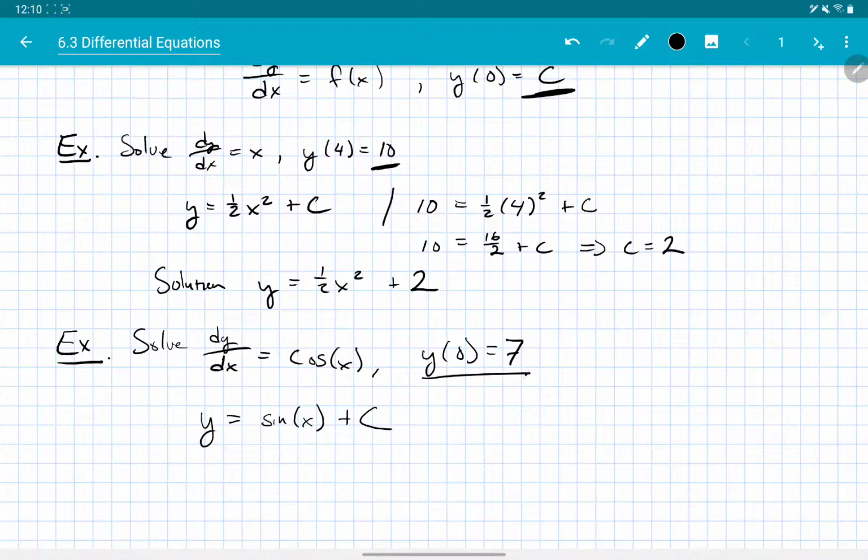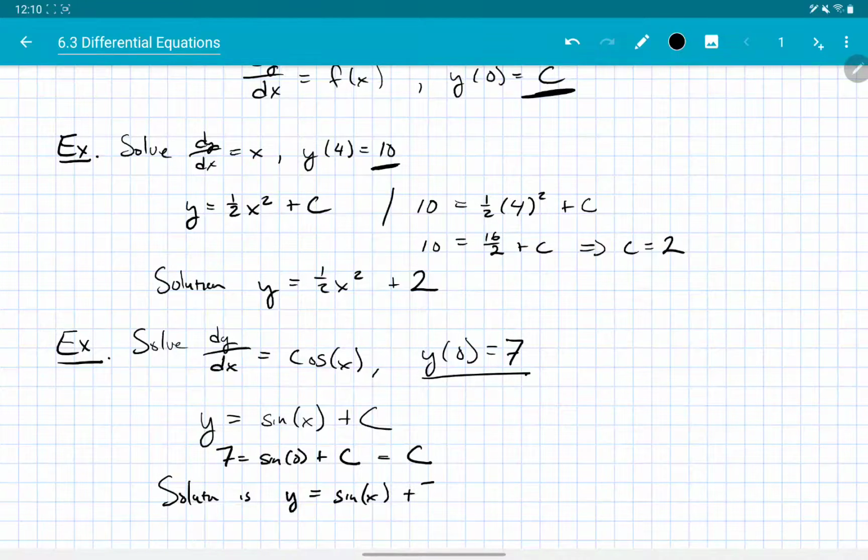Now, since y at 0 is equal to 7, 7 must be sine of 0 plus that constant. Since sine of 0 is 0, 7 is equal to the constant. So the solution is y is equal to sine x plus 7.